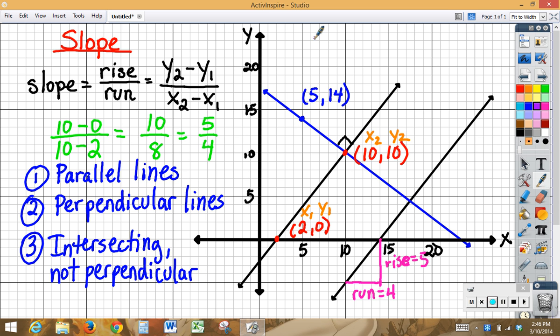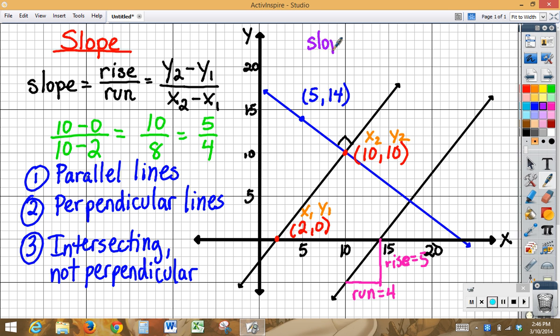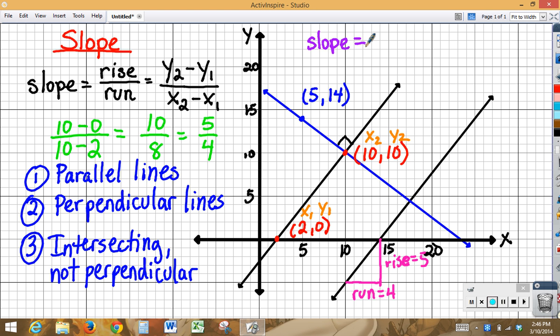So slope equals y2 minus y1 over x2 minus x1. I'm going to call this x1, y1, and I'm going to keep 10, 10 as my x2, y2. And now I get negative 4 over 5.